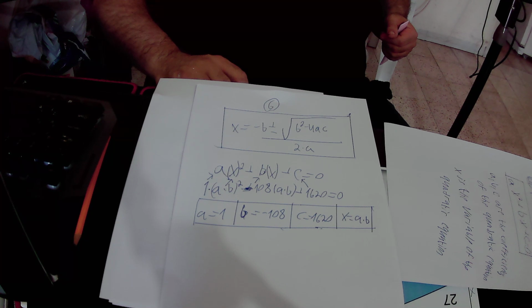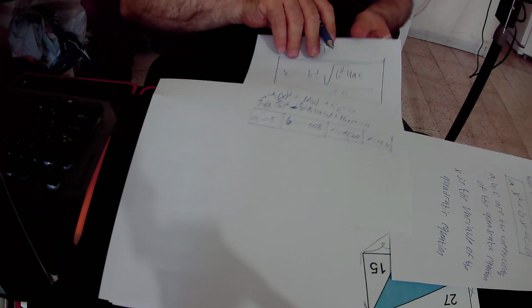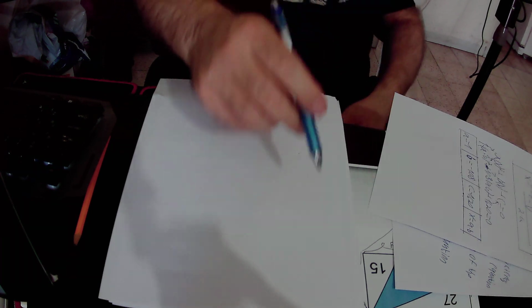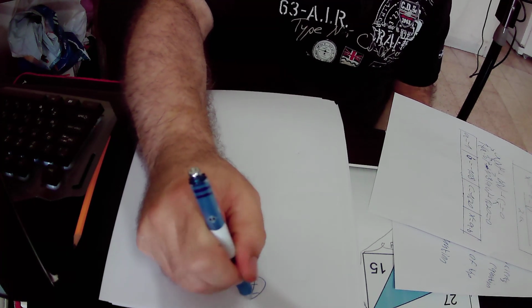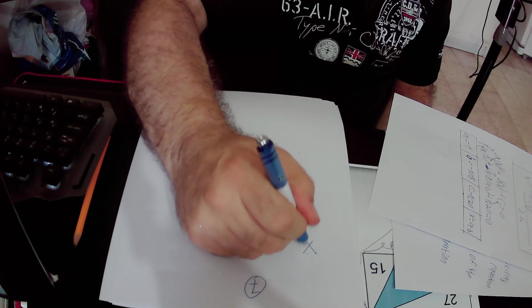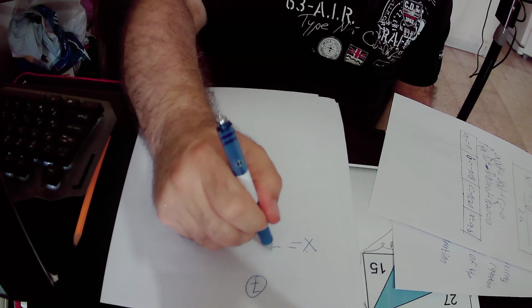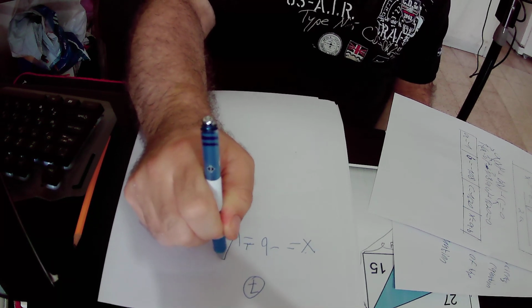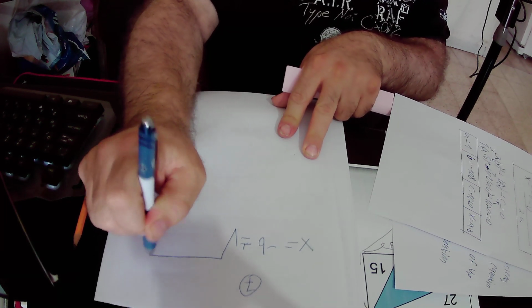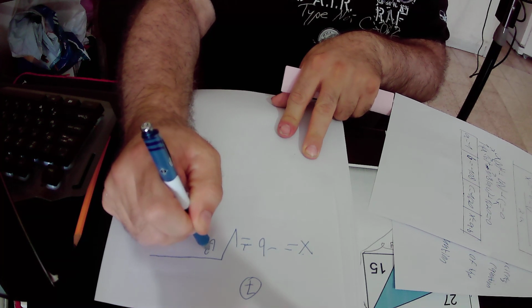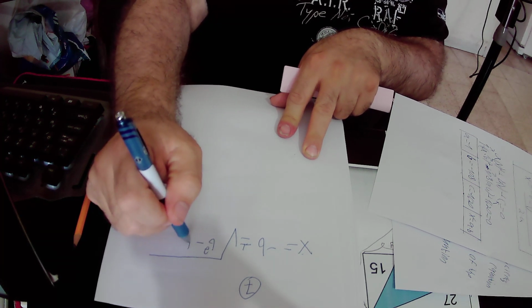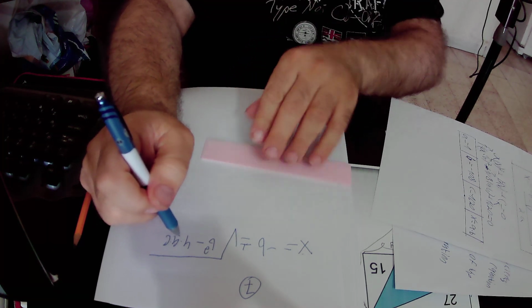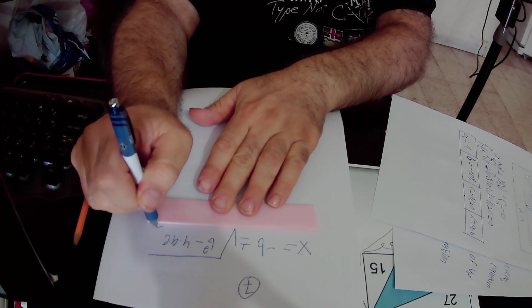Okay? So I will write again the formula for X. X equals minus b plus minus the root of b squared minus 4 times AC, all divided by 2a.